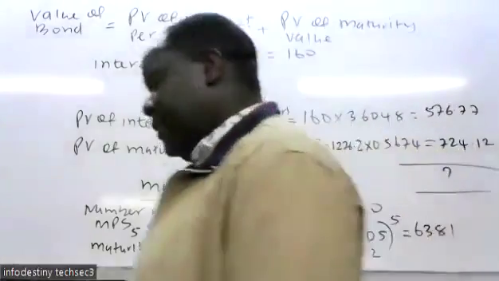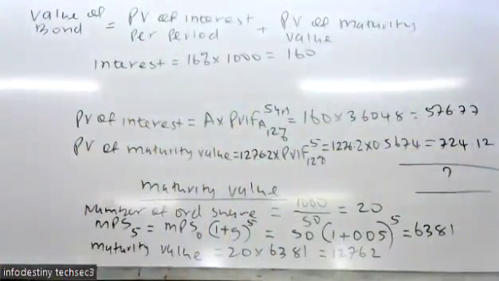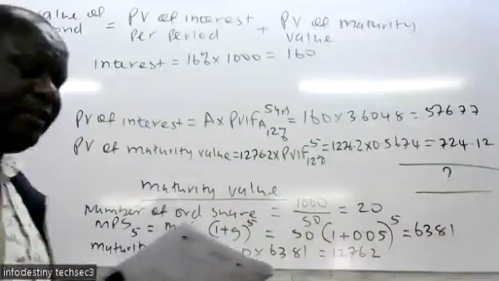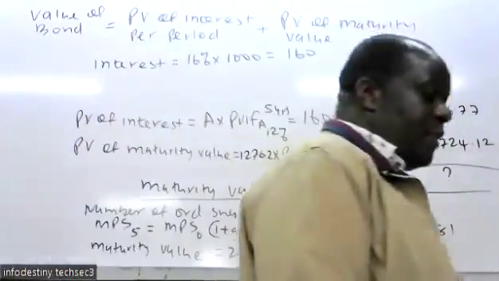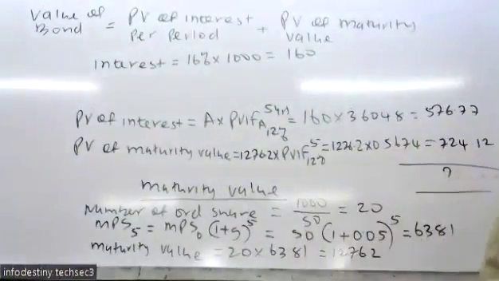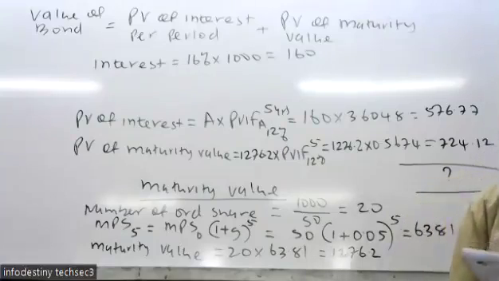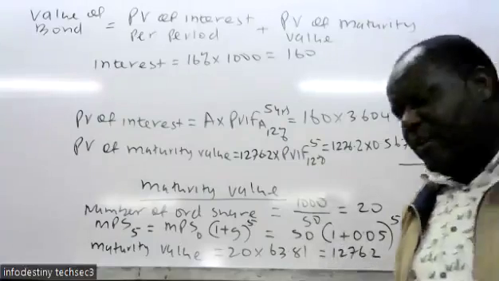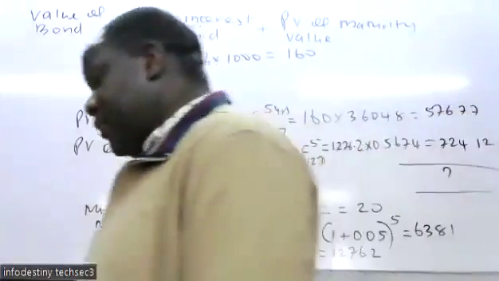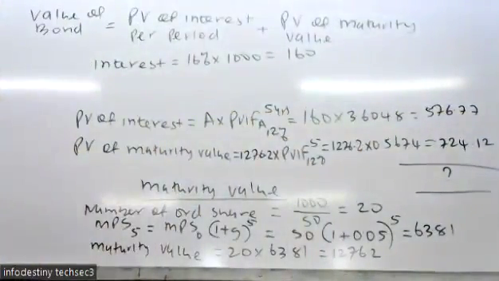The question reads that Longo Limited wishes to expand its business. The company is considering to issue 50 million worth of redeemable bonds denominated in shillings 1,000. The bond rate of interest is 10%.